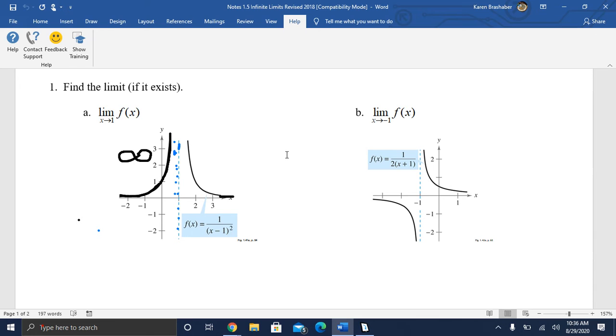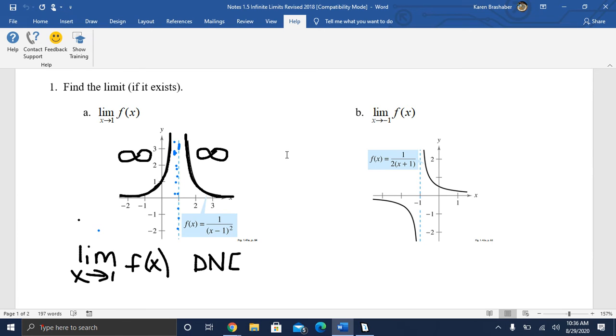As we approach 1 from the right, that graph is unbounded again, going to infinity. So your answer to whether the limit exists, the limit as x approaches 1 of f of x, still does not exist. And that is not changing.